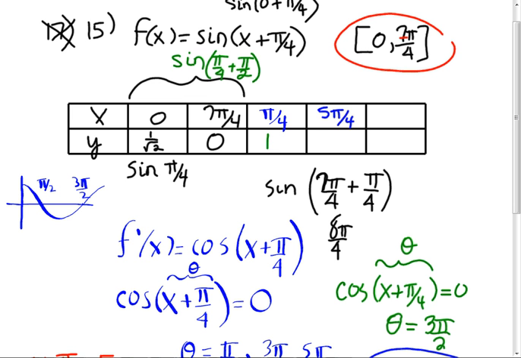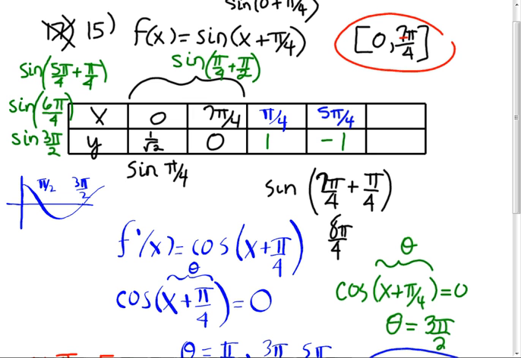Okay, what if I do sine of 5 pi over 4 plus pi over 4? That's the sine of 6 pi over 4, reduced, the sine of 3 pi over 2. What's that sine? -1. Had they made the interval smaller, it wouldn't have happened there.